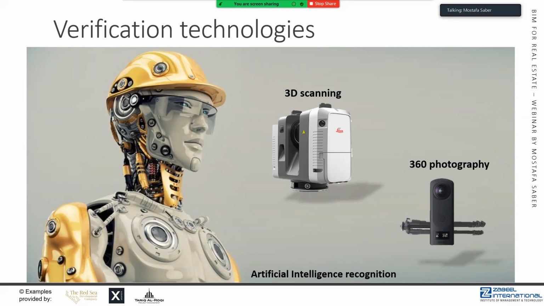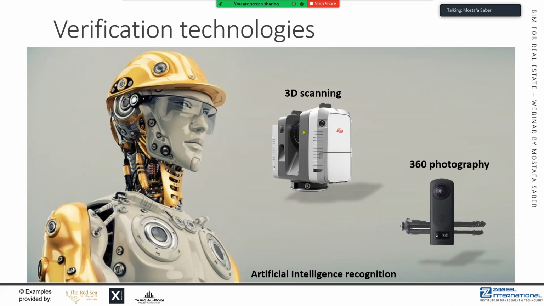It creates point clouds, and there are many solutions by 3D scanning companies that enable this even on mobile devices. You can handhold a device and move through the site, or even mount it on a helmet and move around freely to scan the building while you walk. Later, you go back to your office, get the 3D scanning output, and analyze the differences between the actual construction and your BIM models.